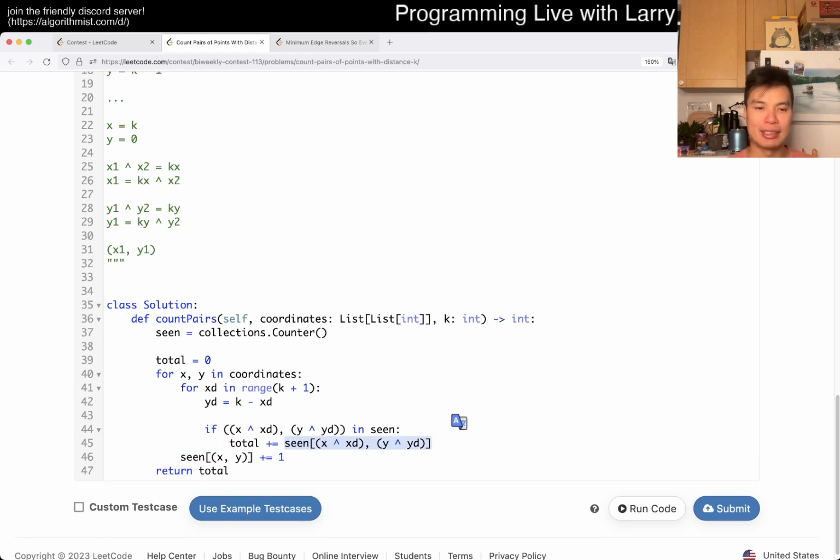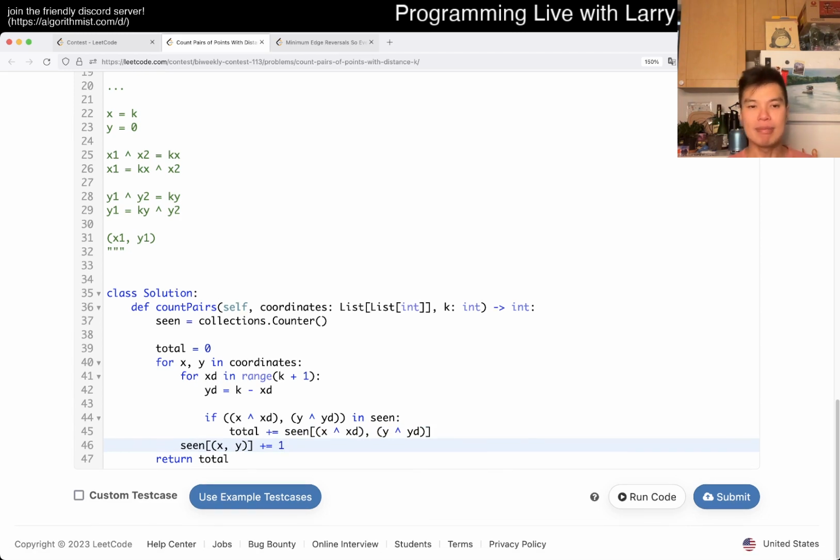After that, we tell the map that we've seen x and y. So that's basically it. This is linear time, linear space, and yeah, linear times k, so maybe pseudo-linear if you want to call it more specifically. I forgot about a k, my bad.